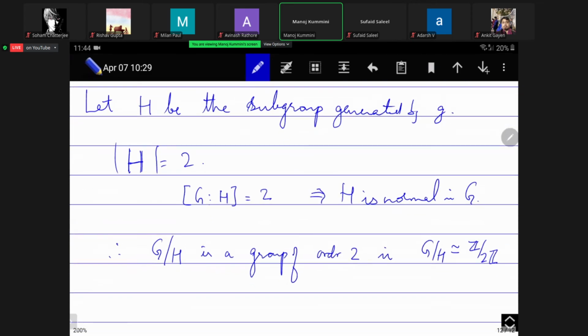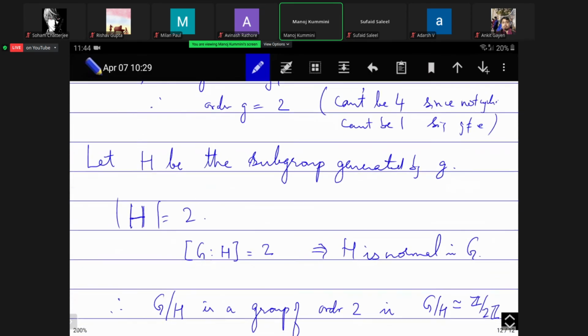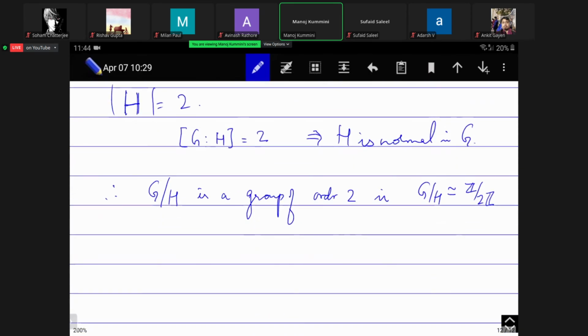Okay. But what data do we have now? So G has 4 elements. I'm just trying to enumerate them: e and g. So this much is what H is. Then there are 2 more elements.